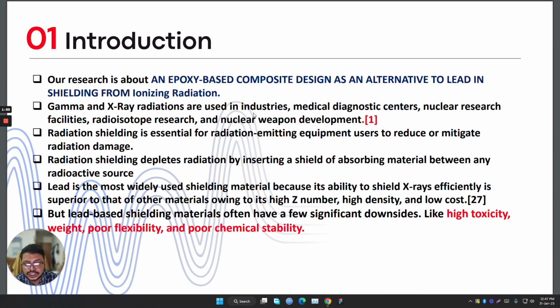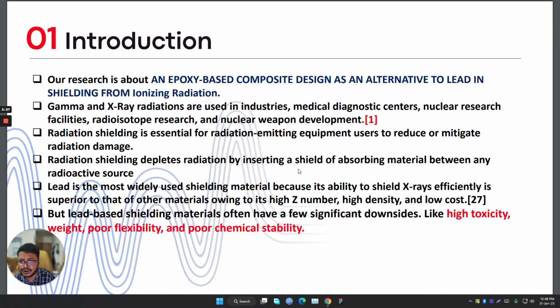Gamma and X-ray radiation are used in industry, medical diagnostic centers, nuclear research facilities, radioisotope research, and nuclear weapon development. For this reason, radiation shielding is essential for radiation emitting equipment users to reduce or mitigate radiation damage, because radiation shielding depletes radiation by inserting a shield of absorbing material between any radioactive source.